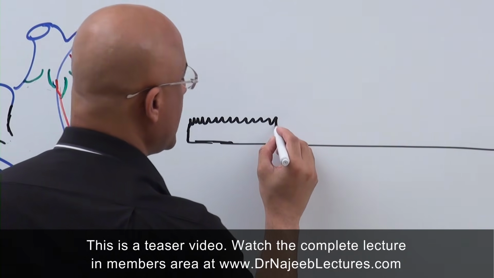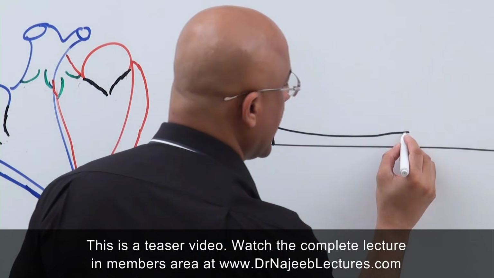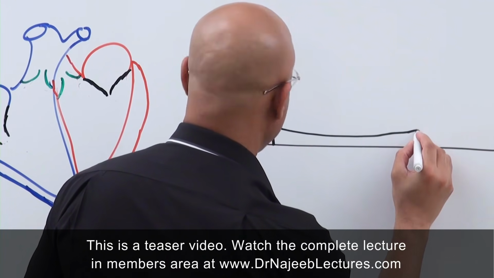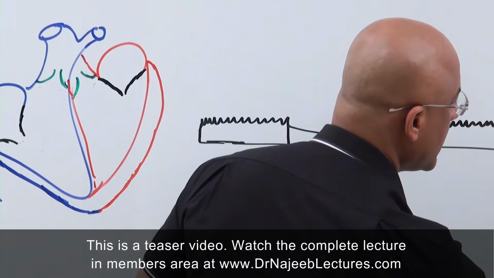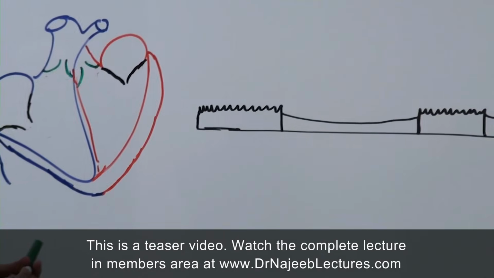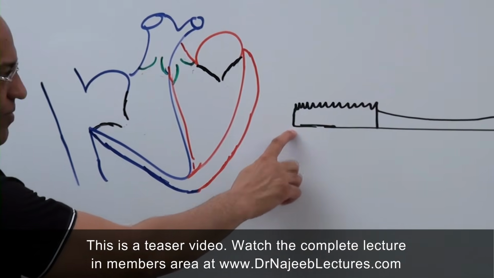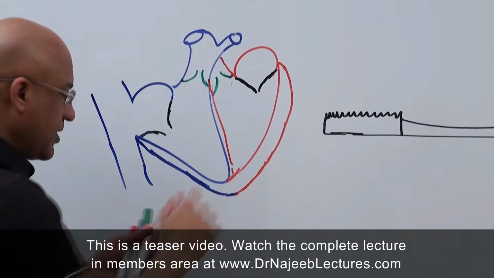Here is ventricular diastole, ventricle is relaxing, and then here is again ventricular systole and ventricular diastole. What I'm saying, if you start the time here, during this time, what is happening?